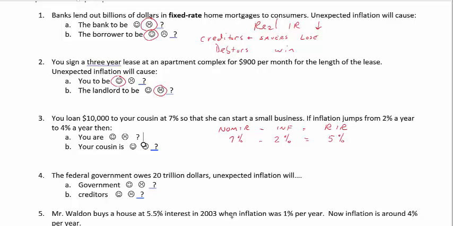So the two parties go into the loan agreement expecting a real interest rate of 5%. When inflation came in at 4%, now the real rate of interest is only 3%. So the borrower is only paying 3 instead of 5. The lender is earning 3% instead of 5. So you as the lender are going to be sad. Your cousin, the borrower, is going to be happy.